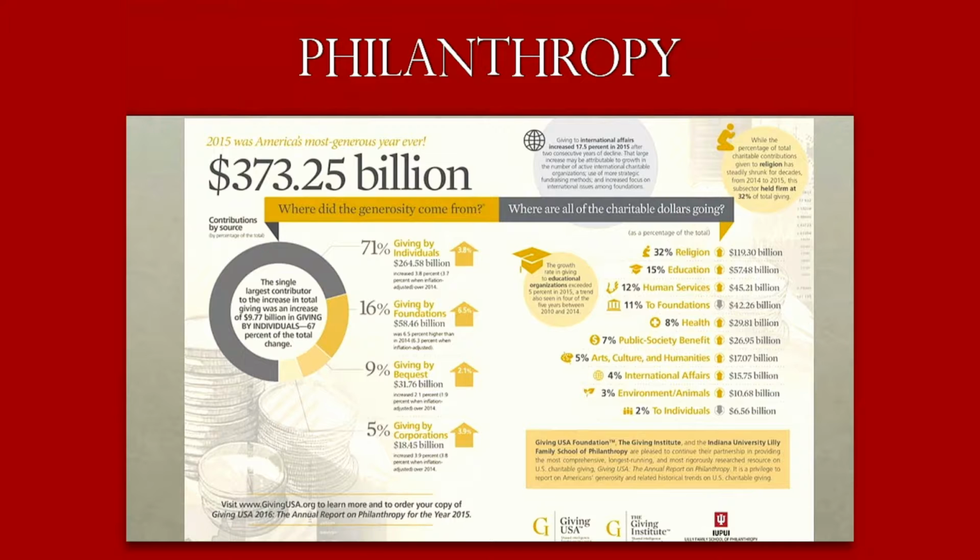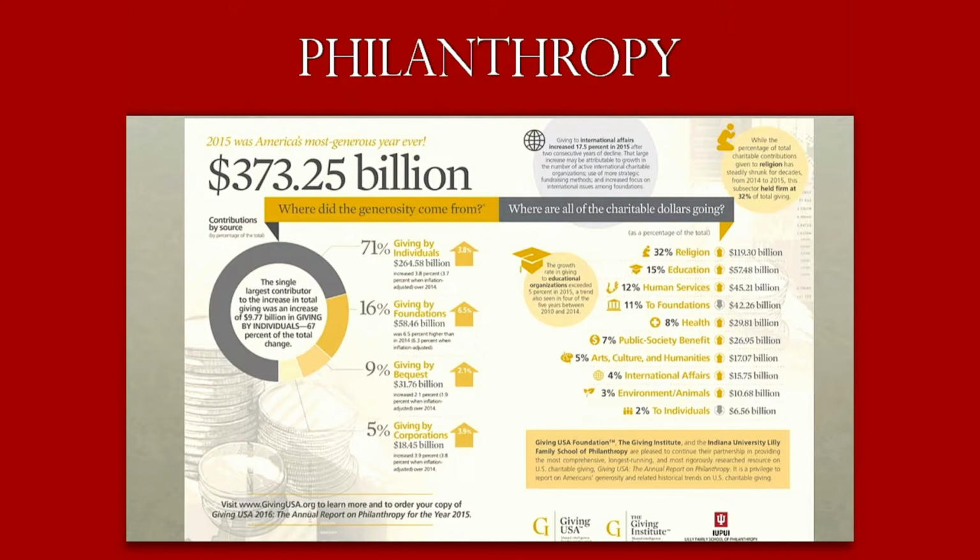The big takeaway here is that for probably the last 5, 7, maybe even longer years, we've given as a country more than $300 billion to the not-for-profit sector. We're quickly approaching a $400 billion annual giving rate in the United States, with the overwhelming majority of that coming from individuals.